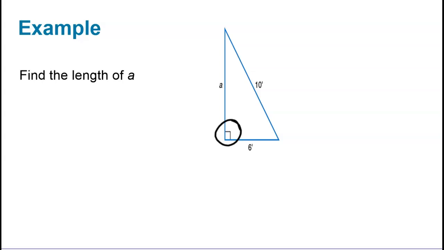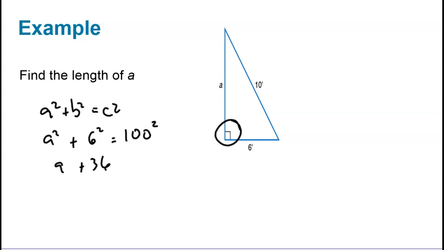And so what we'll do is say a squared plus b squared equals c squared, and we'll substitute in. We don't know a. b squared is 6 squared, and c squared is 10 squared, and so we'll go a squared plus 36 equals 100.